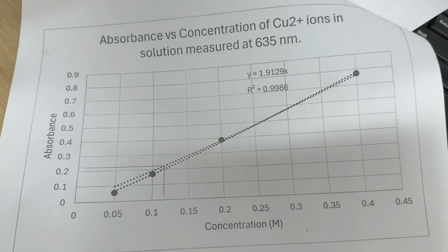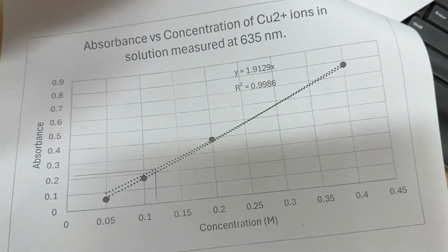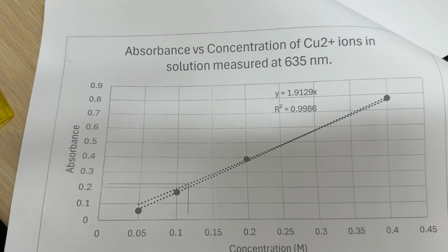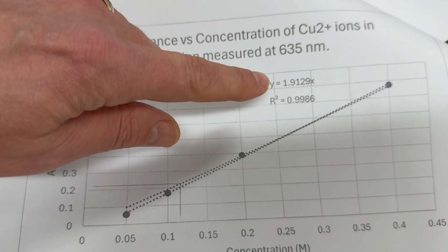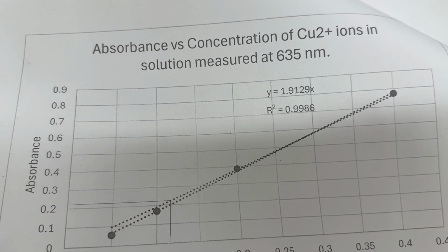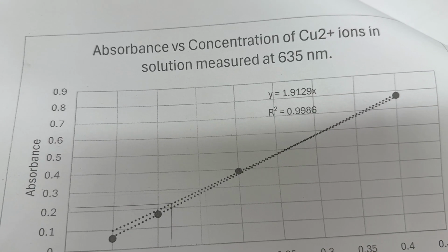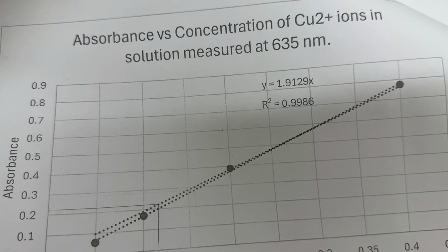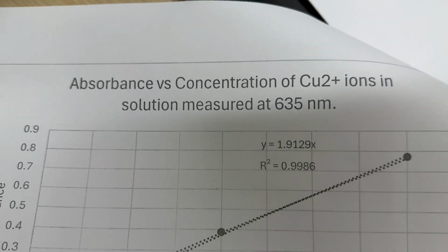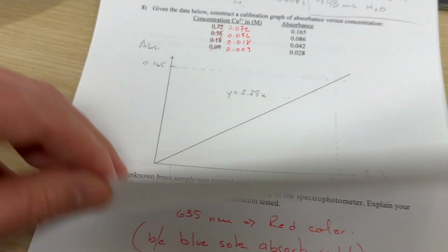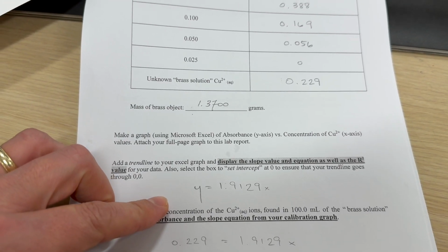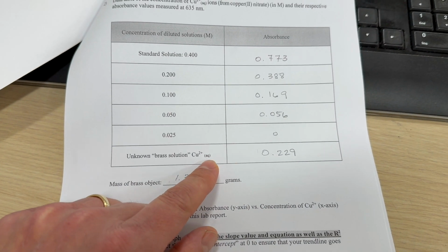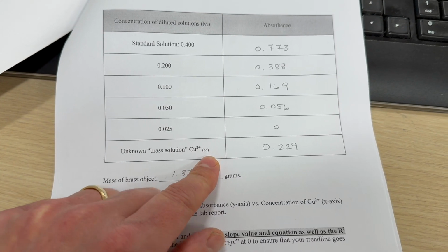So from using our calibration curve that we produced, we were able to find the slope of the trend line at 1.91. So using this equation, y is equal to 1.91x, we are able to calculate the concentration of copper ions in the solution that we made from the brass.